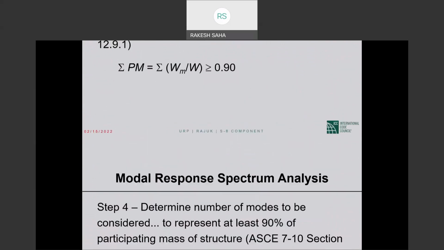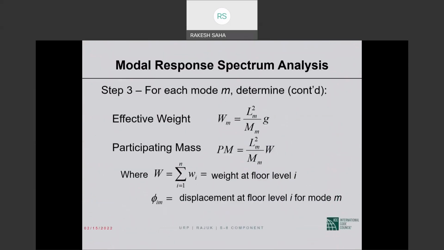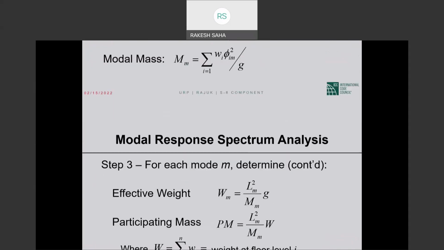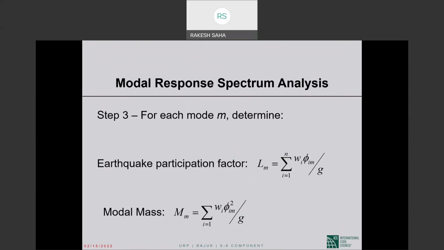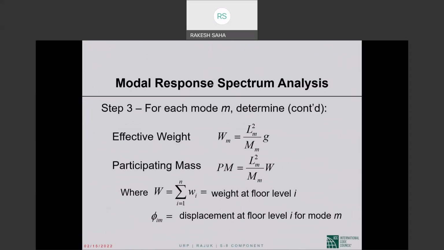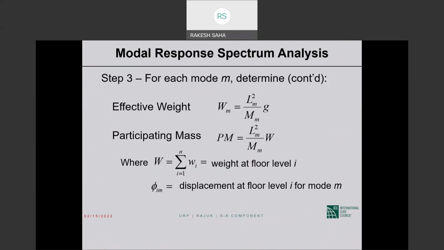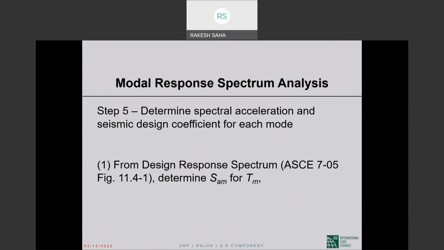The L's are called earthquake participation factor and the M's are modal mass. Okay, earthquake participation factor, I can never remember that, and modal mass. Then effective weight and participating mass.